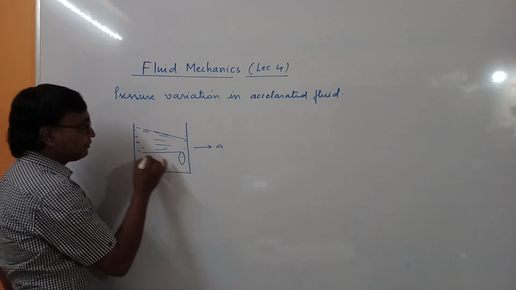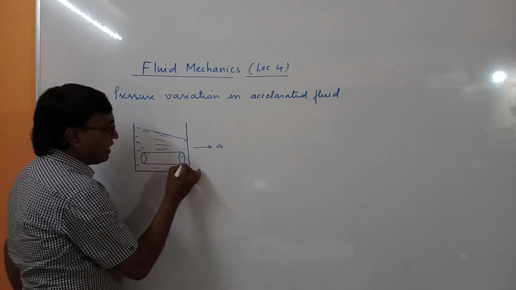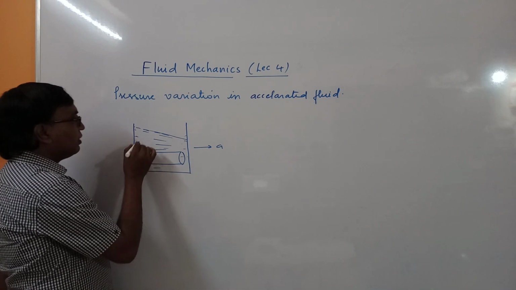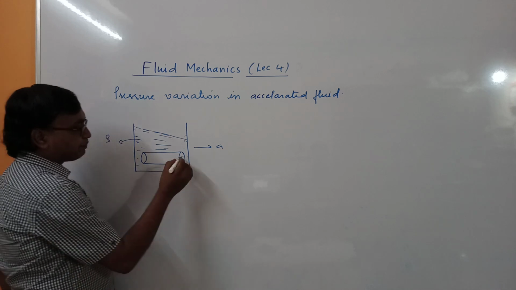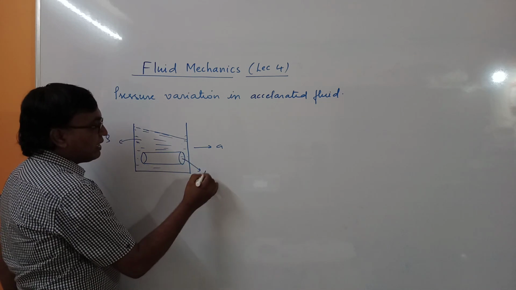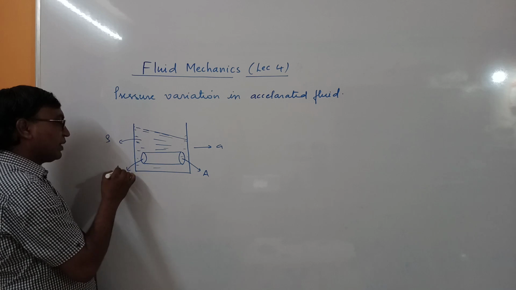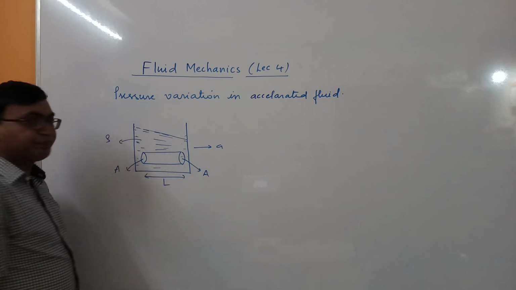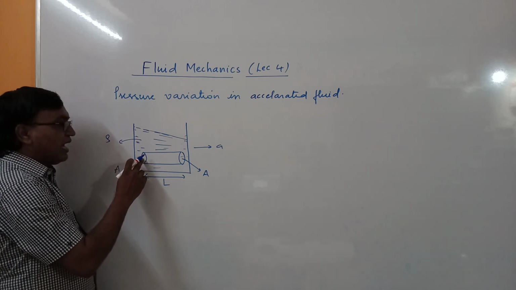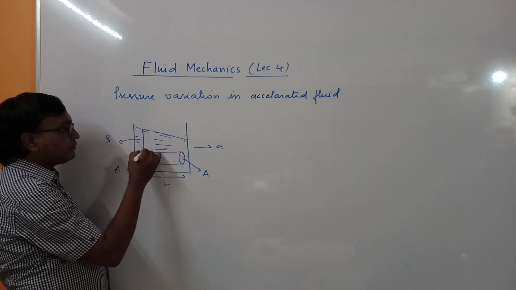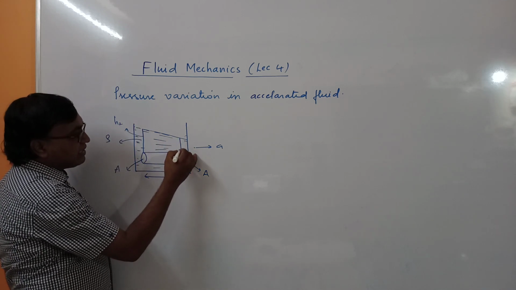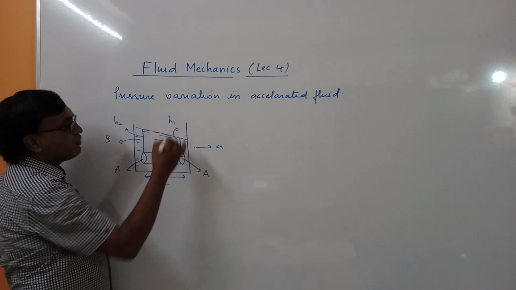So let us take again some part of the fluid contained in this imaginary cylinder. The density of the fluid is rho. Here the area of cross section is A, and the length of this imaginary cylinder is L. Let us say this end is at height h2 and this end is at a height of h1.